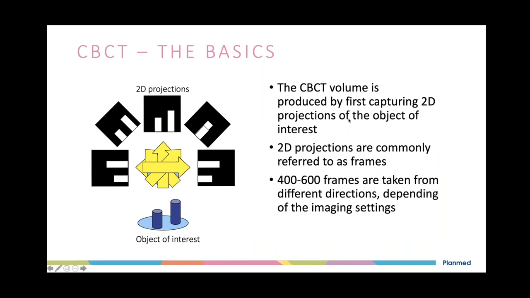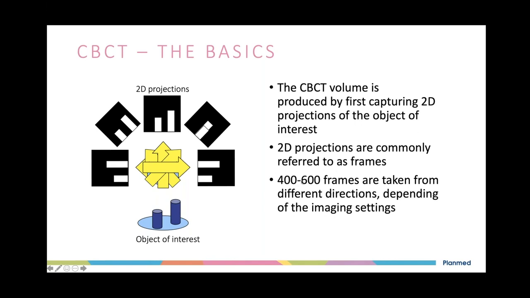Once that's done, the volume is first captured with these two-dimensional projections, which are commonly referred to as frames. Depending upon which direction or rotation you are at, it results in images of your object of interest that have different orientations, depending also upon your field of view and your resolution, the size of the voxel.